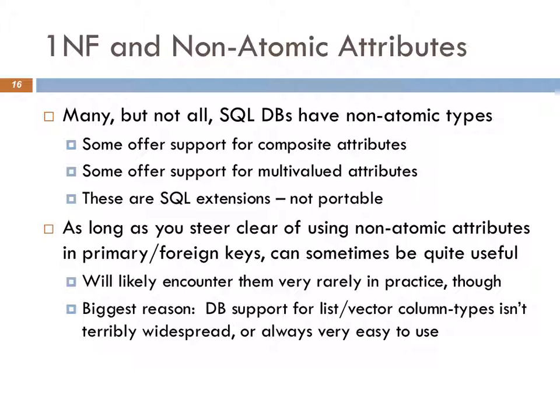The thing is, don't ever use those things for keys. If you never use those things for keys, you basically avoid a whole bunch of trouble. You will run into situations where it may really be a good idea to use a non-atomic attribute for a particular column. That's fine. Just don't ever make it a key, and you'll make your life a lot simpler.